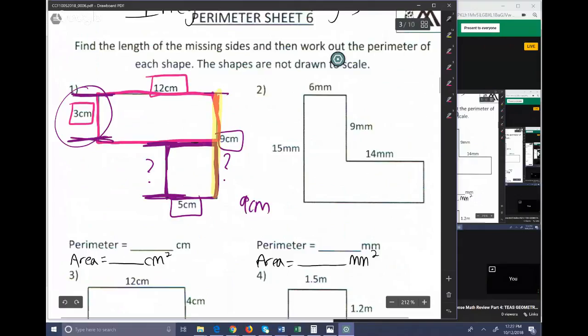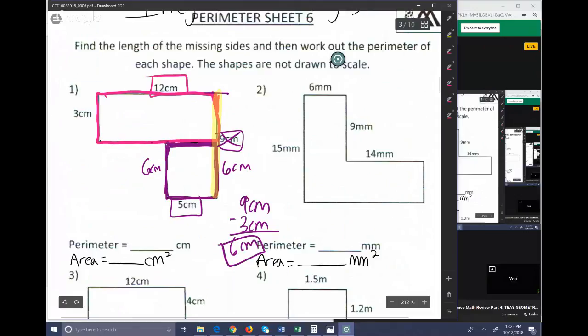So if it's 9 and then 3 of the centimeters are in the other rectangle, that tells us for absolute sure that 6 centimeters is what goes here and here. It's always going to work that way. There's always going to be enough info for you to take one thing, subtract another, and know what you need for your side.